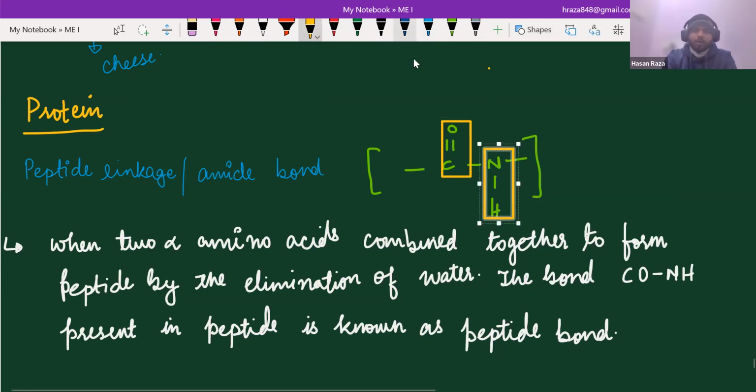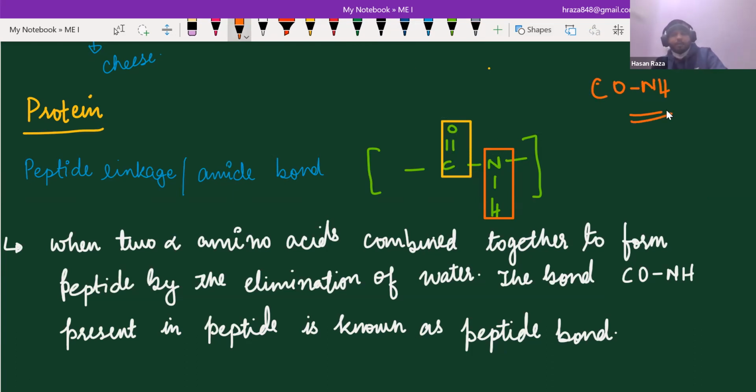So this bond is known as peptide linkage. Is that clear? I'll give an example with the help of a reaction. First, please do write it.